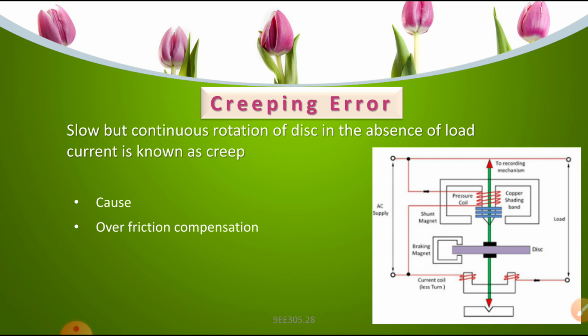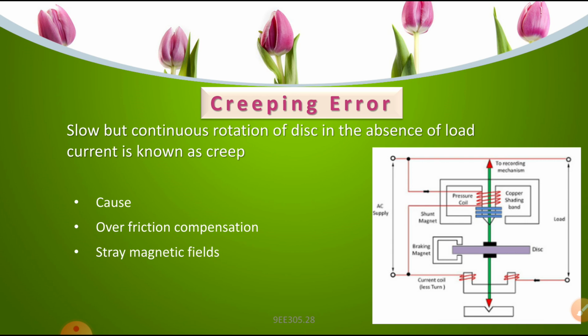If you observe keenly, you can see the rotation; there is a red mark on the disc. But it is very slow, and we don't want that rotation either. So that can be avoided by using a method. The main cause is the over friction compensation.